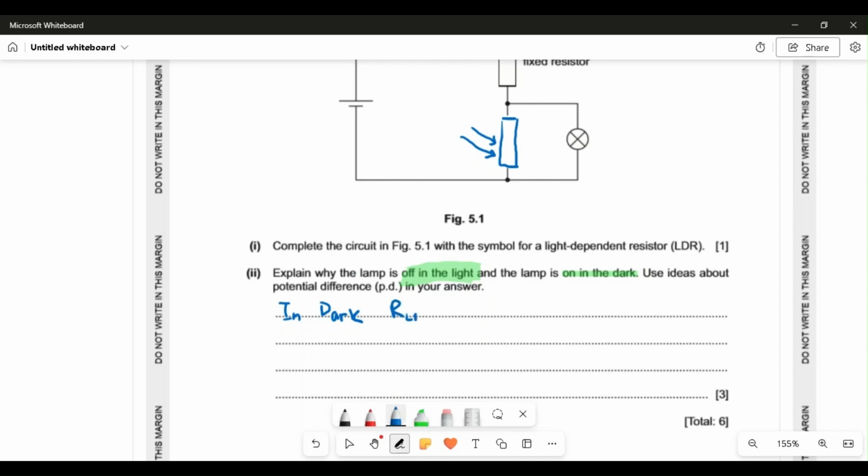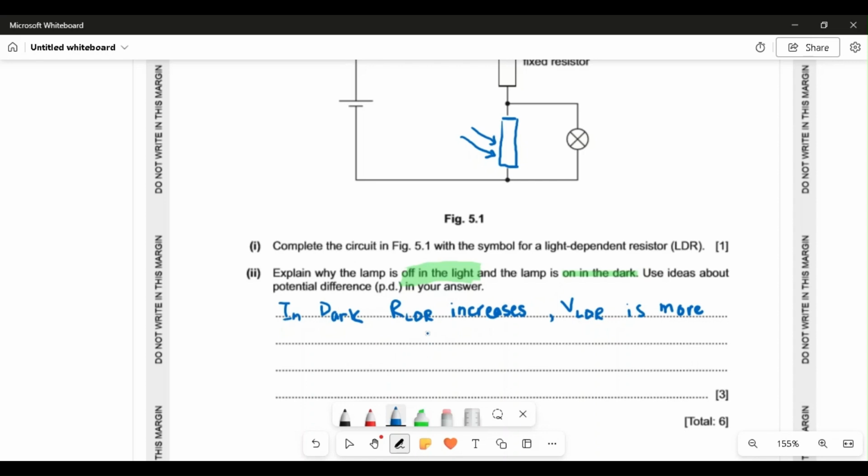R of the LDR increases. As it is dark, resistance increases. As resistance increases, the potential difference across the LDR becomes higher, or the potential across the LDR is more as compared to the potential difference of the fixed resistor.